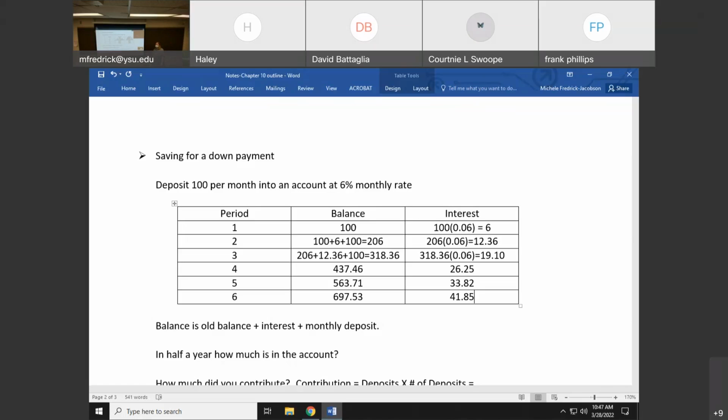Everyone getting these values? Last one, $697.53, $41.85 interest.